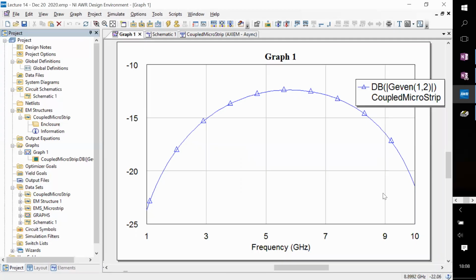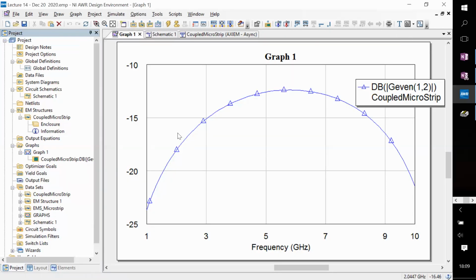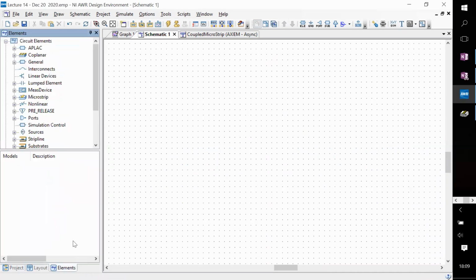It's not very good here, but that's understandable because it's not really a 50 ohm system for the odd mode impedance right now. According to this, it's 60 ohms. So let's see if we can do that same trick using this as a sub-circuit.